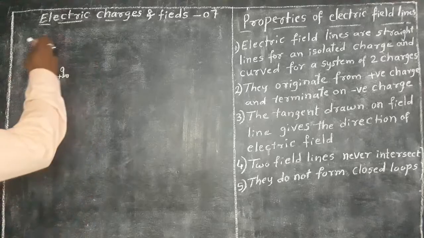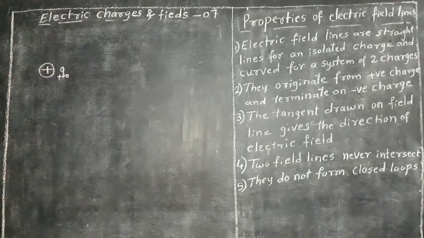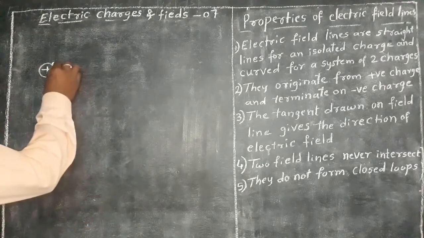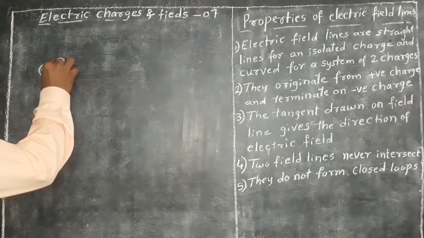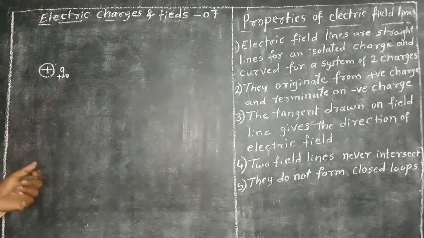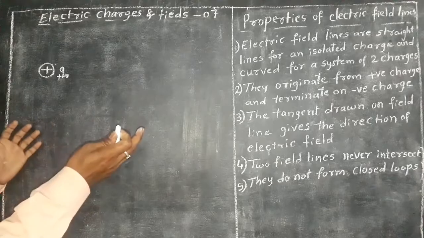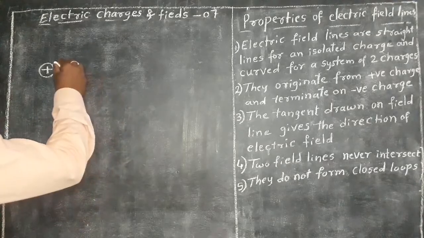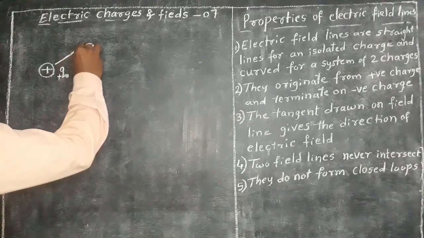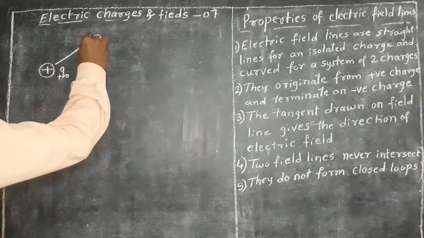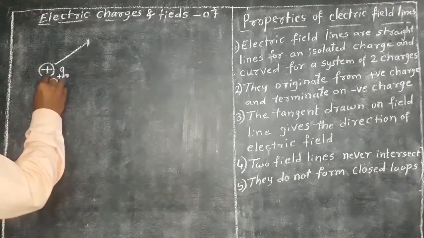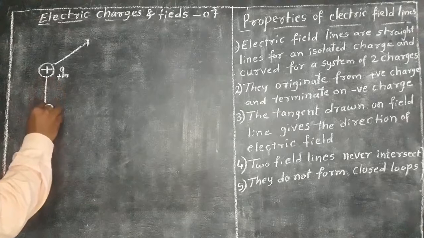It produces field around it. If the test charge is placed at this position, according to the properties of charges, like charges repel each other. Therefore, this charge moves away from the source charge as shown. And if it is placed here, it moves in this direction.